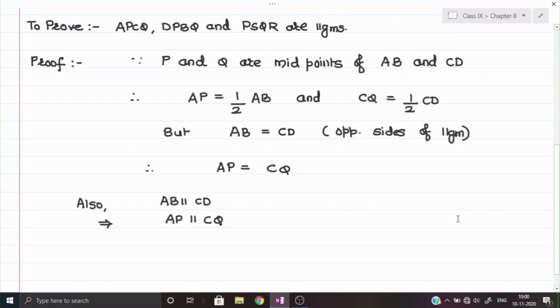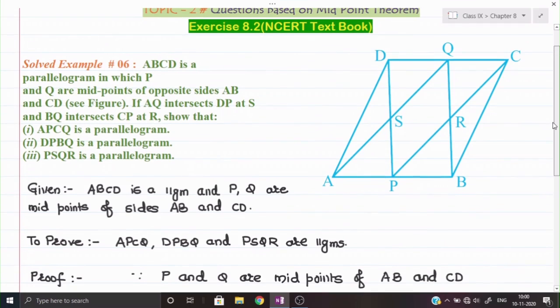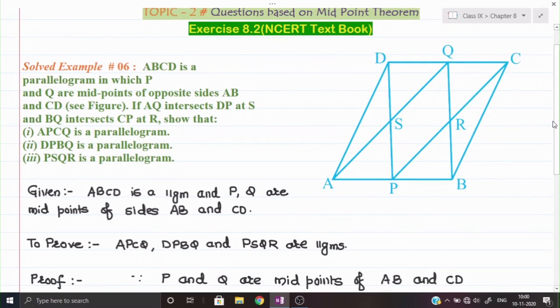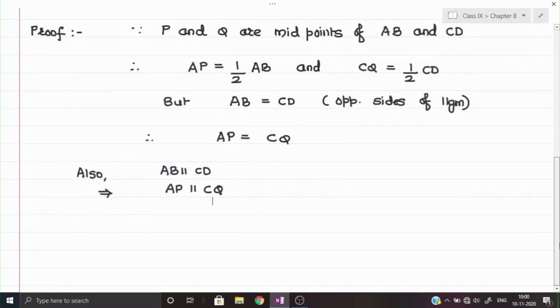See how AB and CD can be parallel here, because ABCD is a parallelogram. So AB and CD will be parallel. Then how can we say that AP and CQ will be parallel? Because AP is a part of AB and CQ is a part of CD. So AP and CQ are parallel.